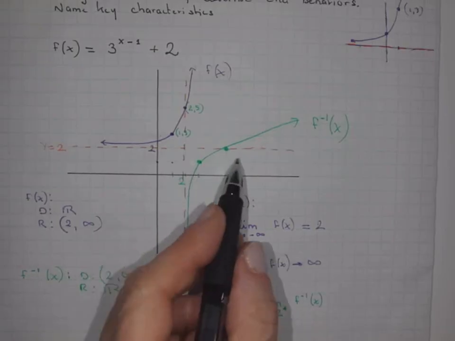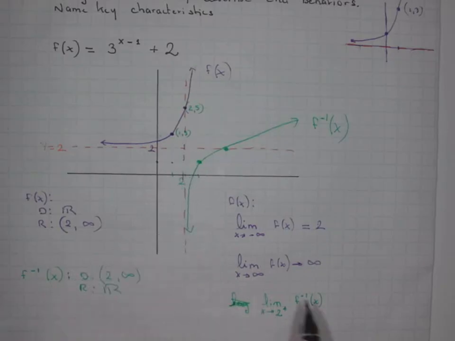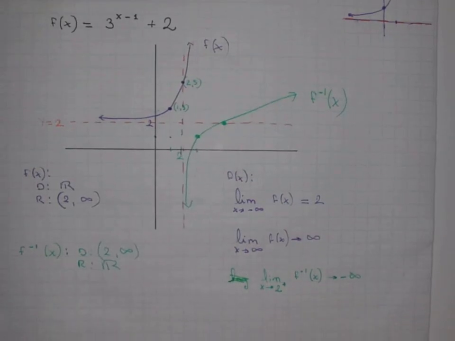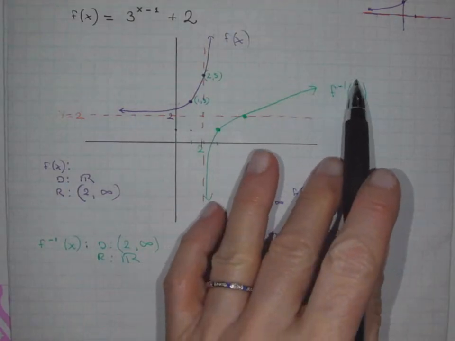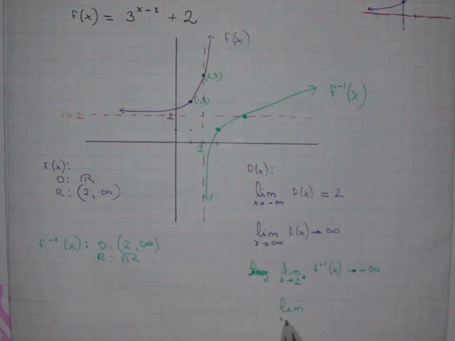As I'm approaching 2, the function is shooting down to negative infinity. And on the other side, the function actually keeps going, right? So as x goes to positive infinity, f inverse of x also goes to positive infinity.